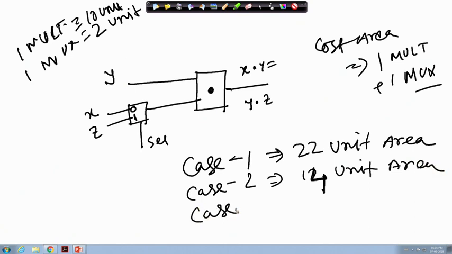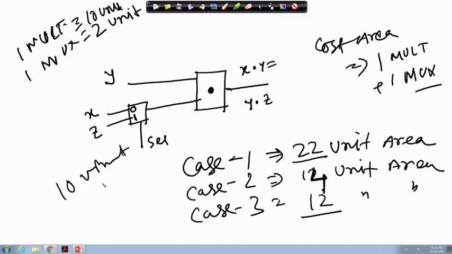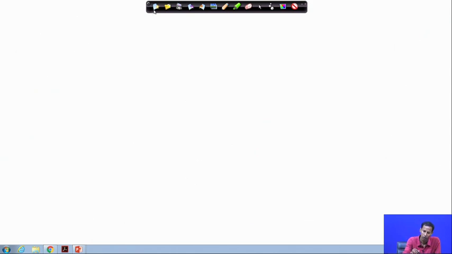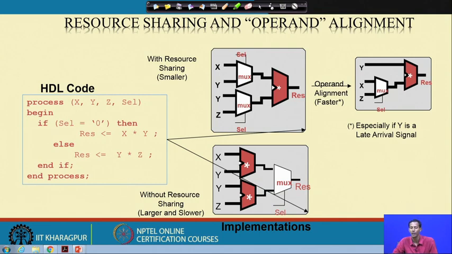And for case 3 I need 12 units of area. So from 22 to 12, I am saving 10 units of area by this method, resource sharing and operand alignment technique. This is one simple thing which we follow whenever we design digital circuits.